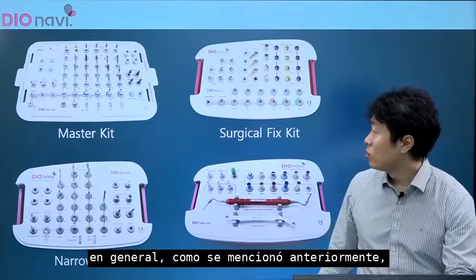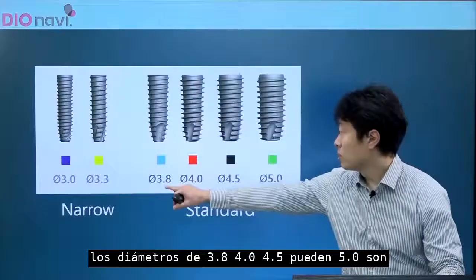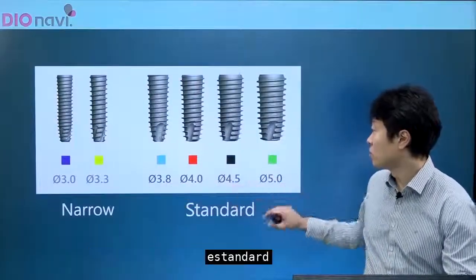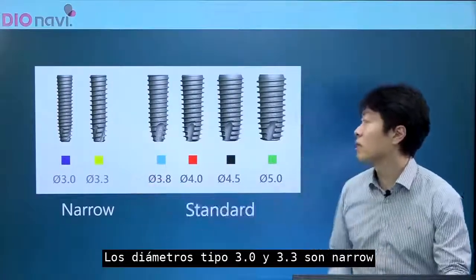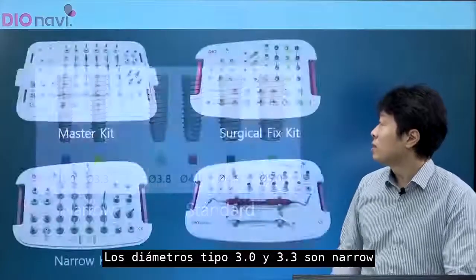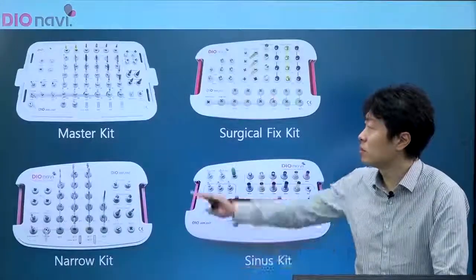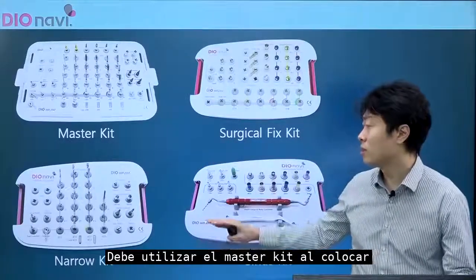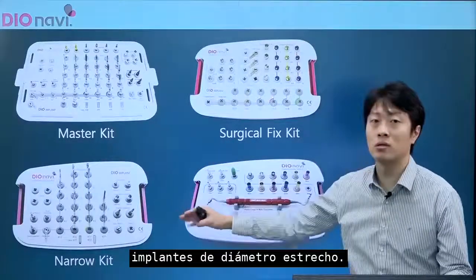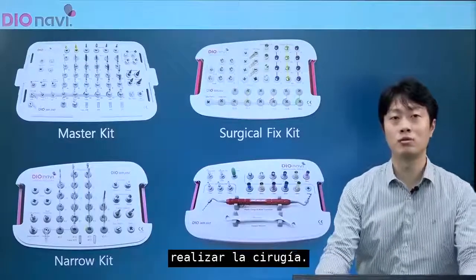In general, as mentioned earlier, diameters of 3.8, 4.0, 4.5, and 5.0 are of the standard type, and diameters of 3.0 and 3.3 are of the narrow type. When placing implants of the standard type, you should use the master kit. When placing implants of the narrow diameter, you should have the narrow kit ready to perform surgery.